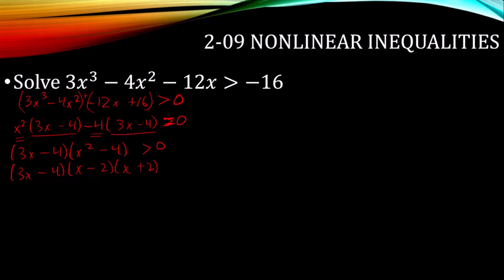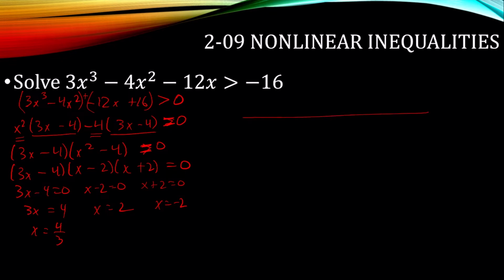Actually, these should all be equals because I'm finding my zeros. So now I take each of those equal to 0. So I get x is 4/3, x is 2, and x is negative 2. Put that on a number line.